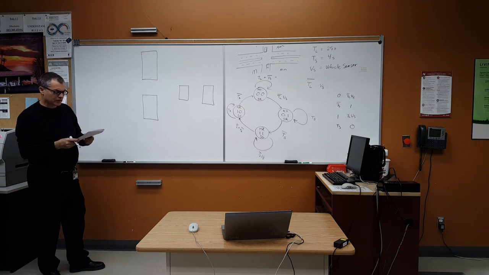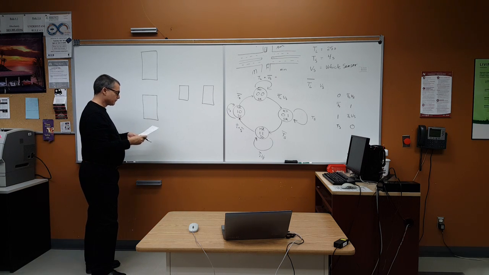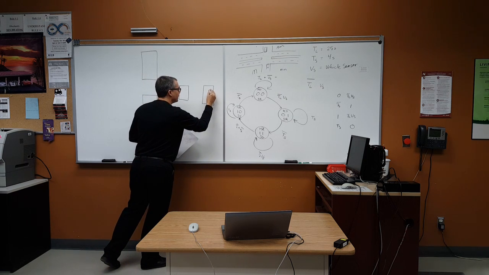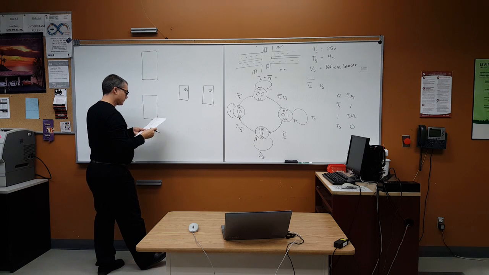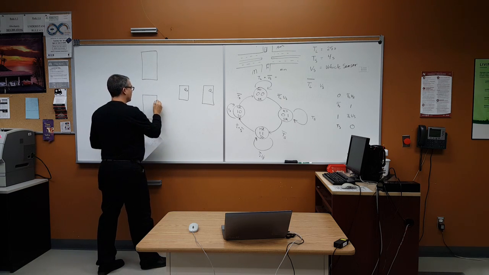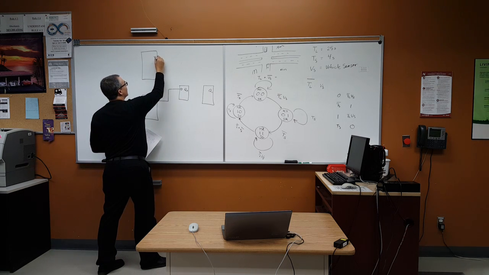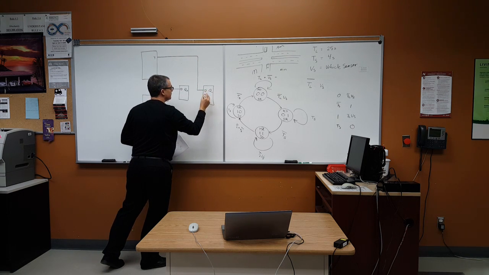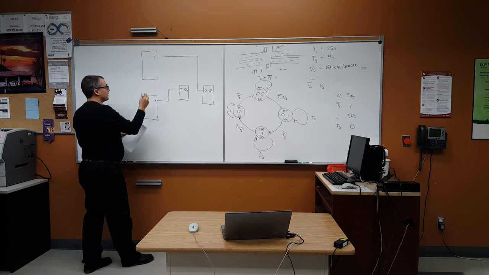Now I'm not going to draw the clocks and the presets and clears, so you know what those are supposed to be. So this is the Q1, this is Q0. So the Y output goes to this D, the Y output goes to this D. Now, the Q1s and Q0s go to the selects.